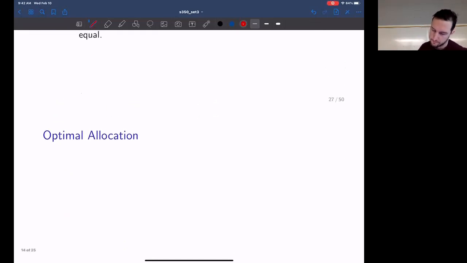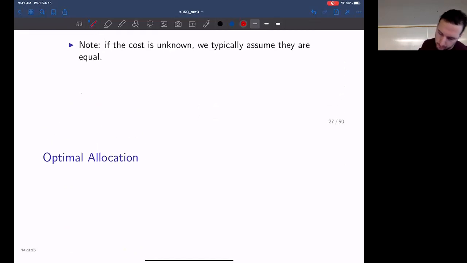All right, so to do this, I'll just start up here. Find little n1 to little nh given that the cost, which is c subscript h, is equivalent.